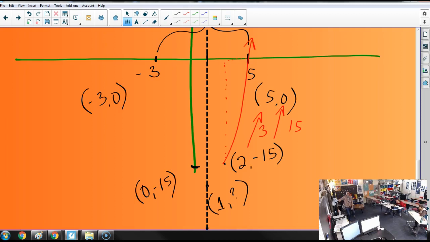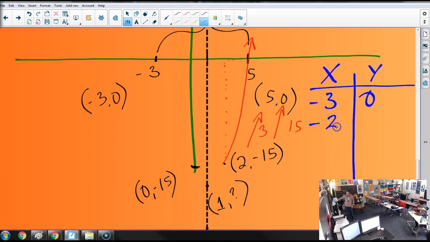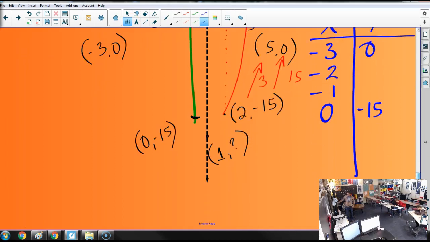Let's make a table really quick. We know negative 3, 0. Don't know negative 2, don't know negative 1. We know 0, negative 15. 1 we don't know, but we know it's less than negative 15. 2 we know is negative 15. 5 is 0.